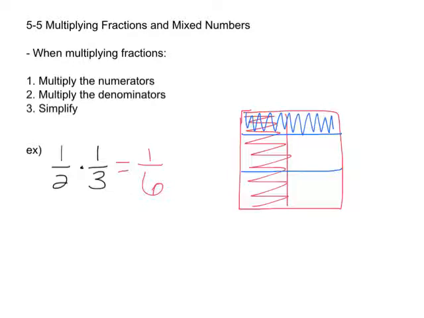I have 1, 2, 3, 4, 5, 6, so I have 6 pieces now, and only one part of those 6 pieces is shaded in. So my answer when I multiply 1/2 times 1/3 is 1/6.